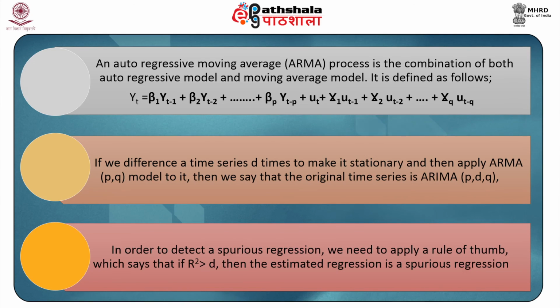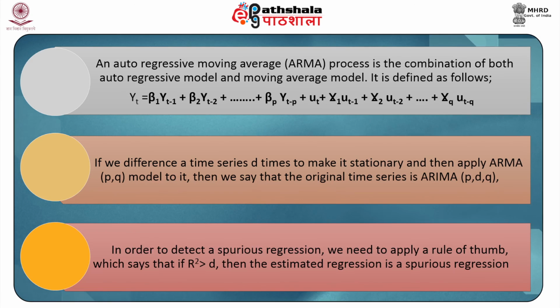Similarly, we have learned if xt is Id1 and yt is Id2 and d1 is less than d2, then any combination of xt and yt, let us say zt, will be of the order d2. So, zt can be written as a xt plus b yt of the order d2. And let me remind you again that we have assumed that d1 is less than d2, or d2 is greater than d1.